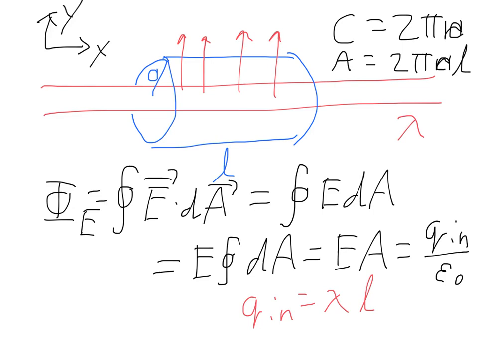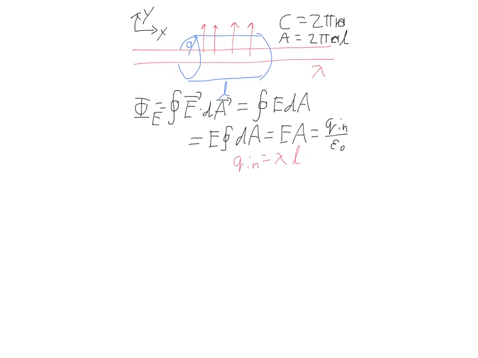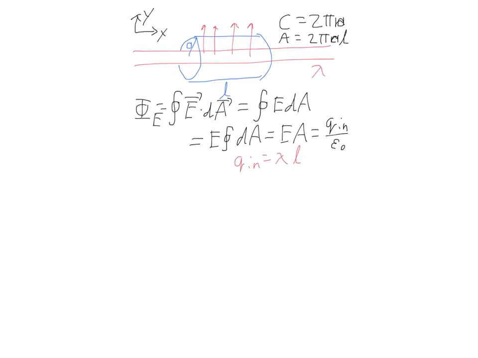So we can start plugging things in. We're going to rearrange a few things. Again, we know what the surface area is. So EA is supposed to equal lambda L divided by epsilon naught.